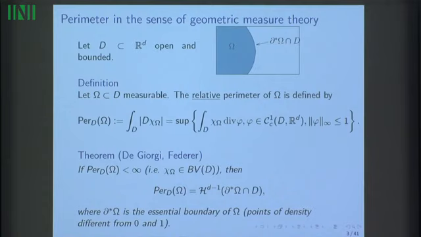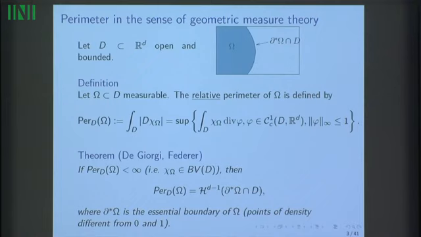In case omega is smooth, applying the Green formula, it is straightforward to check that this corresponds to the classical perimeter of omega inside D, which is what we call the relative perimeter. We only count this part, not this part.